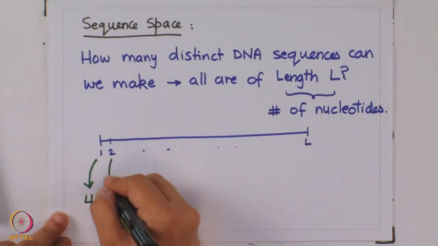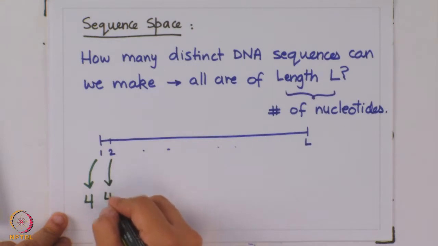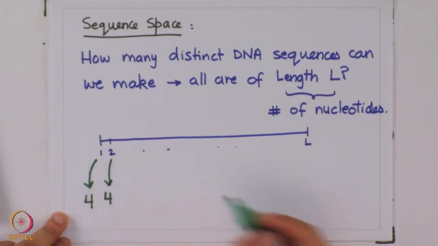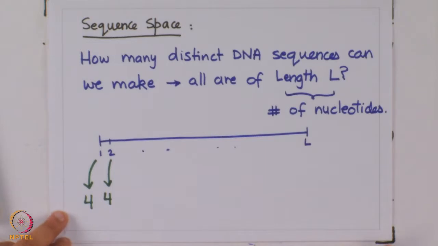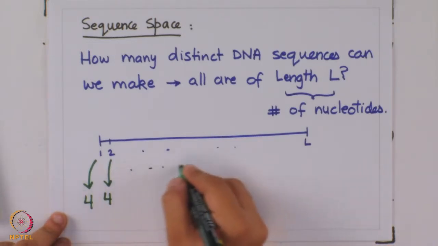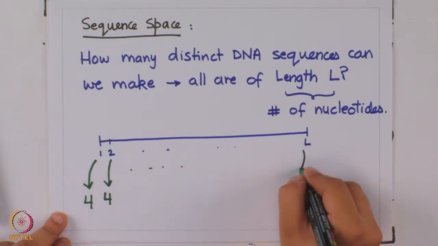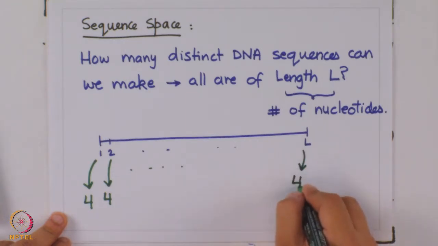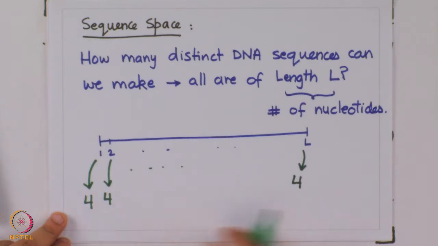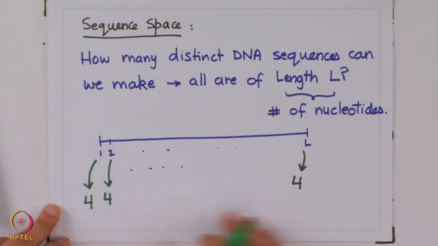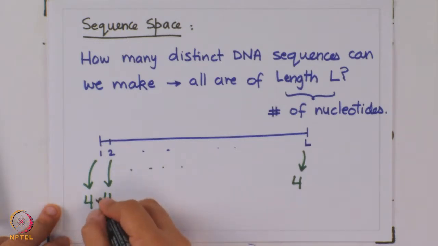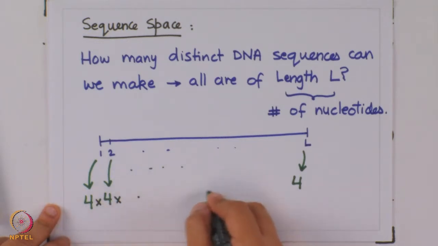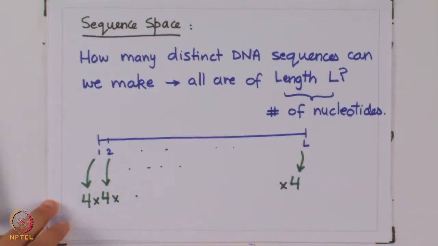And when it comes to position 2, I have the same 4 options again, because repeats of nucleotides are allowed here, and so on and so forth going all the way up to L. When it comes to allotting a nucleotide for the Lth position, again I have 4 options. So, the total number of distinct DNA sequences that I can make which are of length L is 4 times 4 times 4, going all the way doing this L times.